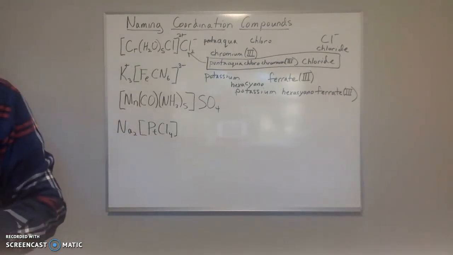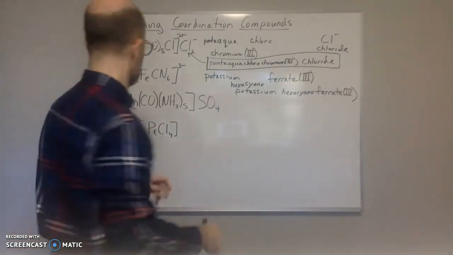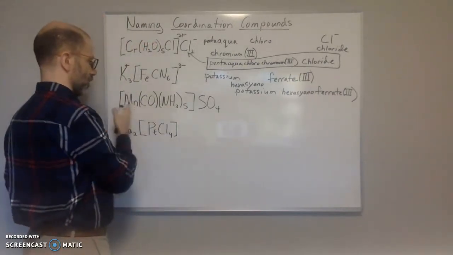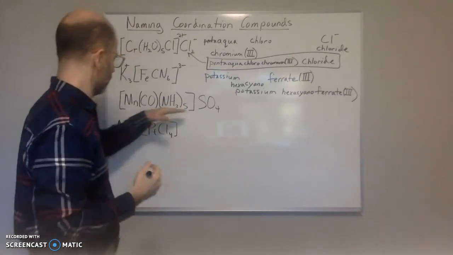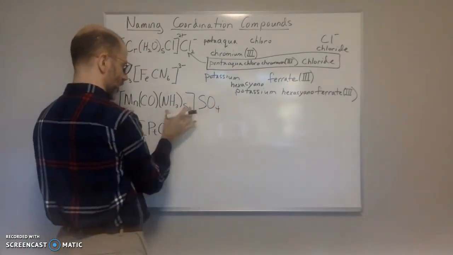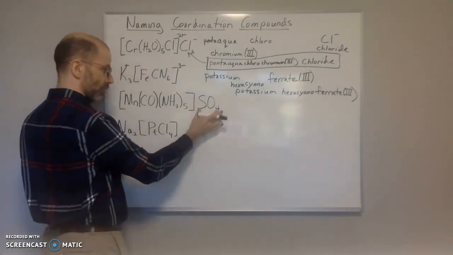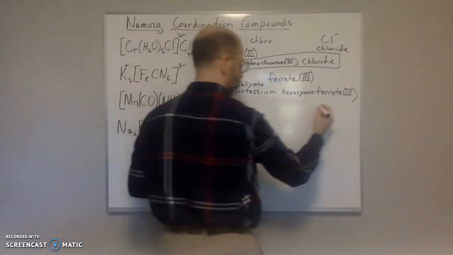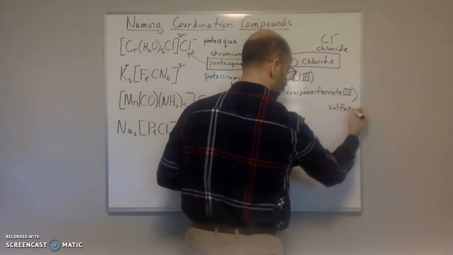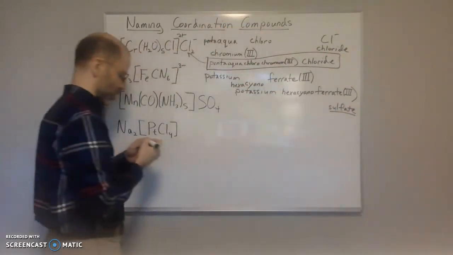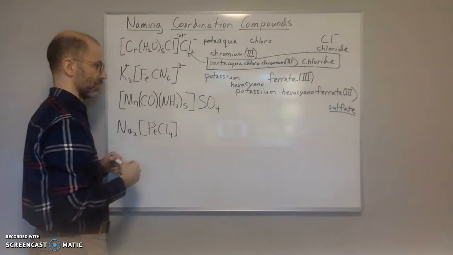Okay. So what's the next one? Here, again, we're going to name this as 2 separate ions. SO4, that's sulfate. That's going to be the second part of the name.